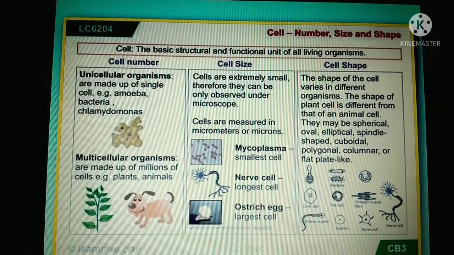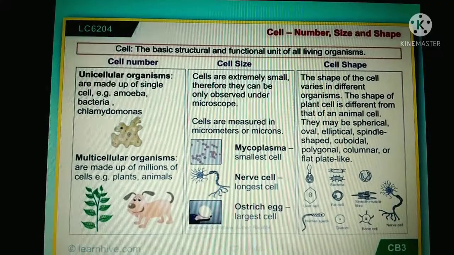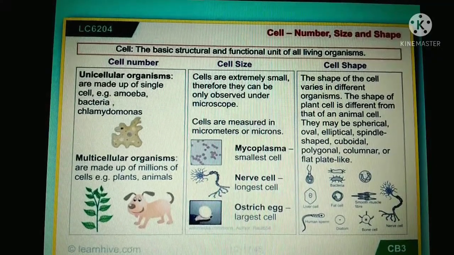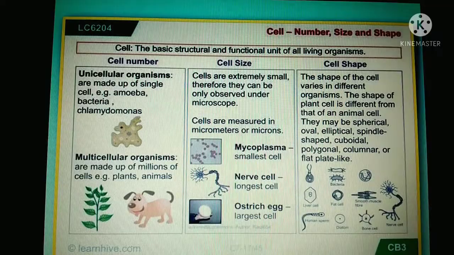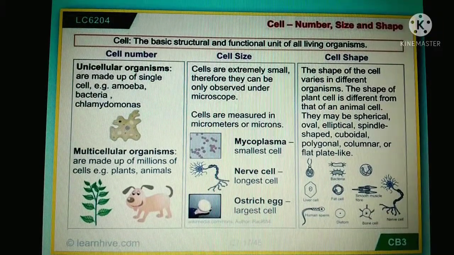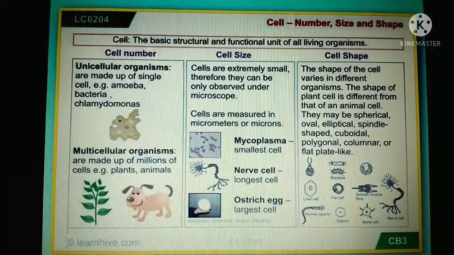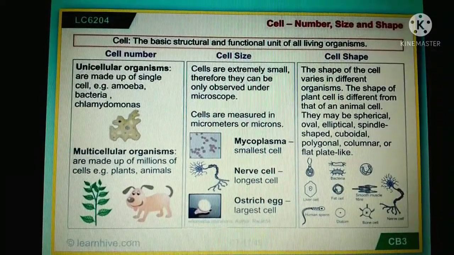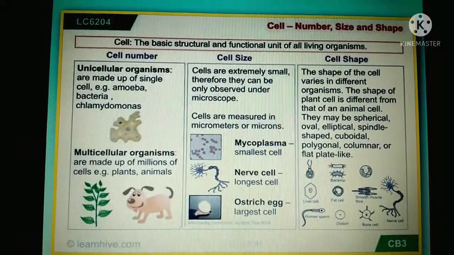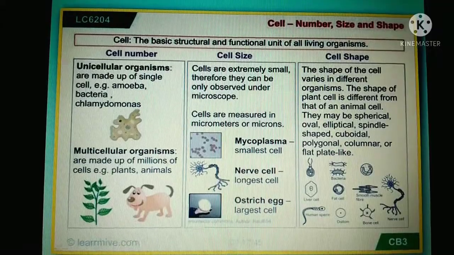Organisms such as bacteria, protista, fungi, plants and animals all belong to this category, and they show proper structures and functions to be perpetuated as living organisms. So let us see how cells are differentiated according to their number, size, and shape.